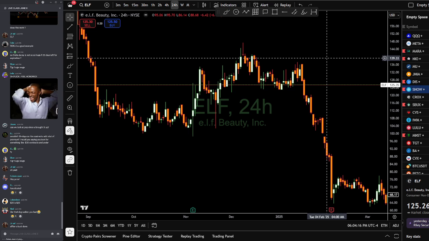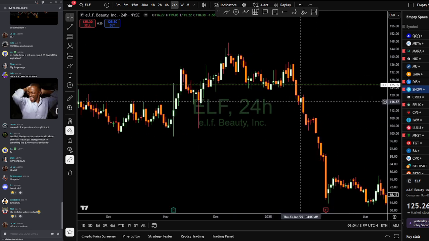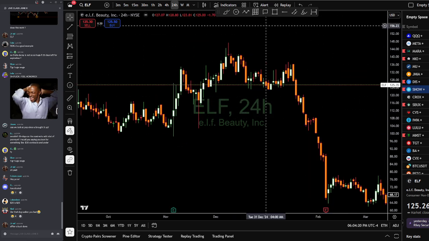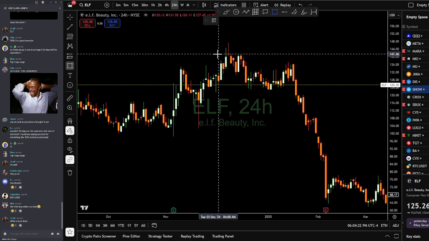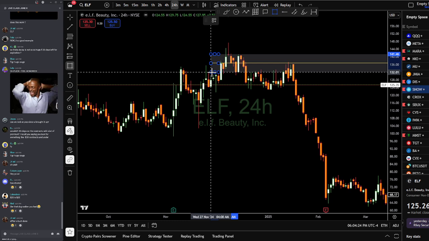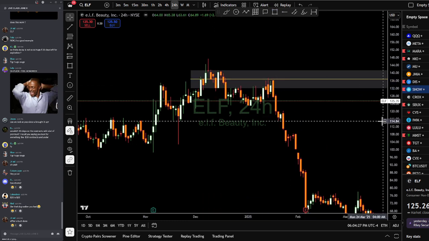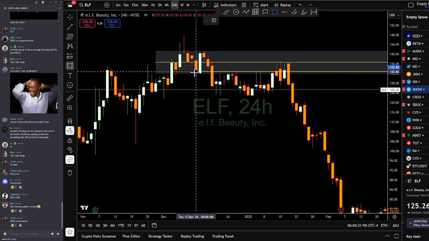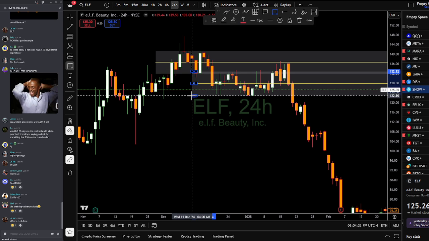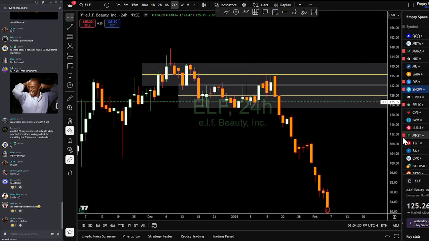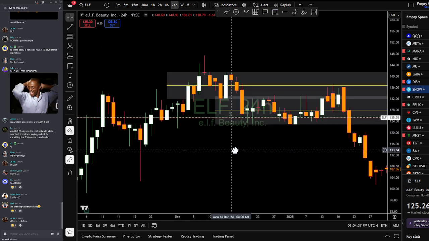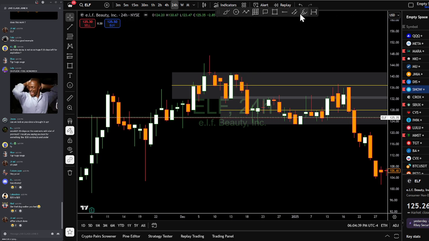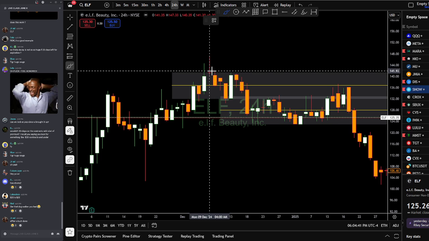So let's take a look at Elf and let's count. The first thing I see is a nice little area of consolidation above, and this is going to be important because we have a large area of consolidation below. Here's what's interesting, and we'll count here while we do it.